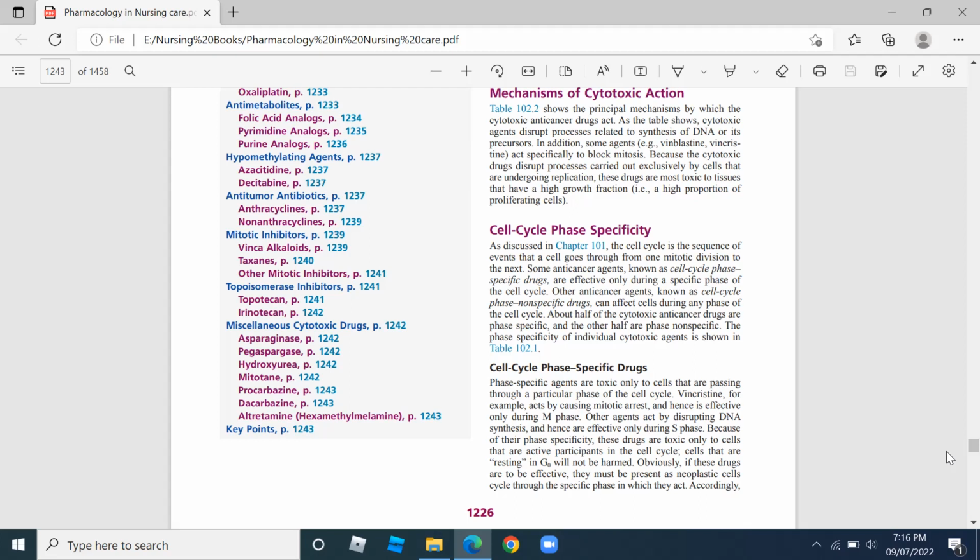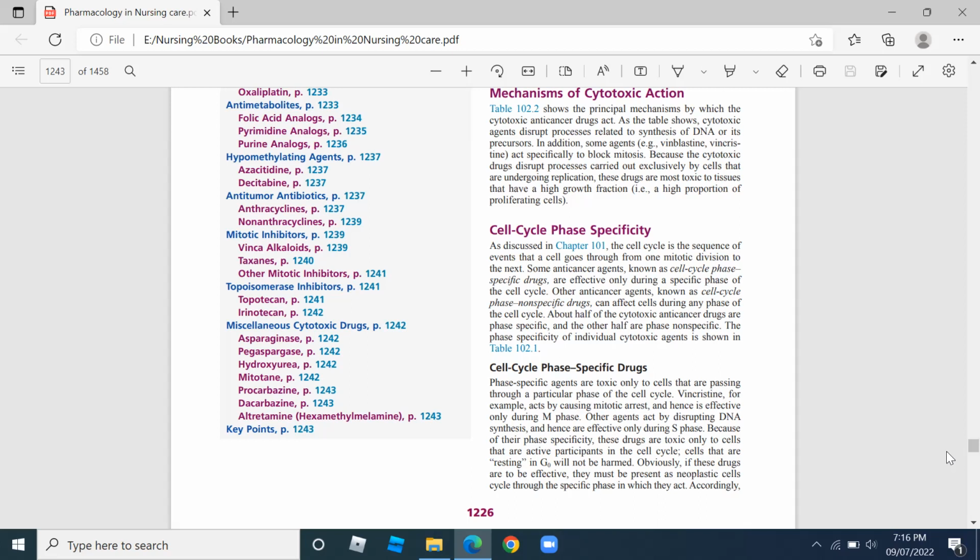Most of the cytotoxic anti-cancer drugs are phase specific, and the remaining are non-specific. You must know that the G0 phase is the phase in which the toxicity of anti-cancer drugs will not be harmful to the cells.